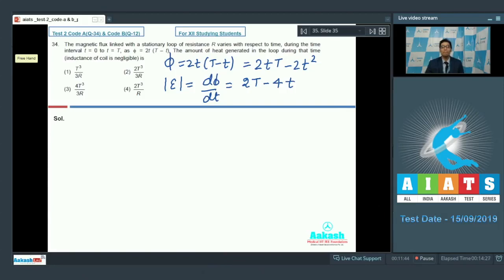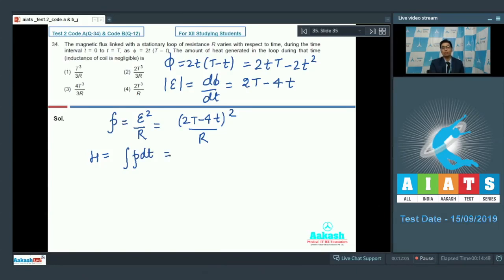Now dear students, the power dissipated through a resistor can be written as E square by R, which is equal to (2T minus 4t) square divided by R. The heat can be calculated as an integral of power dt, which will be equal to the integral of (2T minus 4t) square by R with respect to dt. The limits will be from 0 to capital T as given in the question.